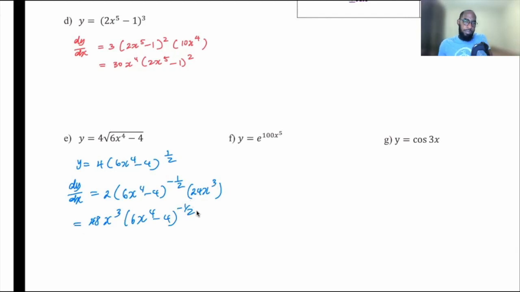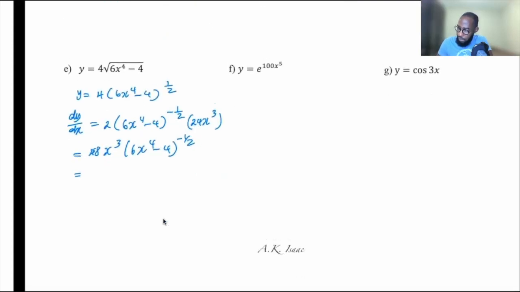Now, you can write this question like this, because if you're proving something and they ask you to write it a particular way, you have to know how to transpose, how to manipulate the equation. All right, so I can rewrite this like this.